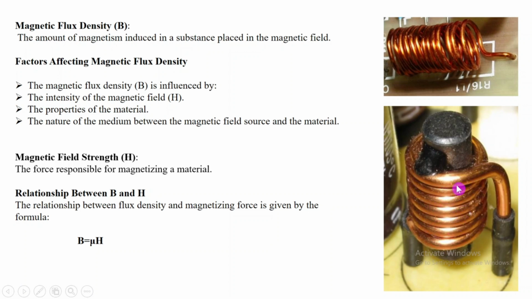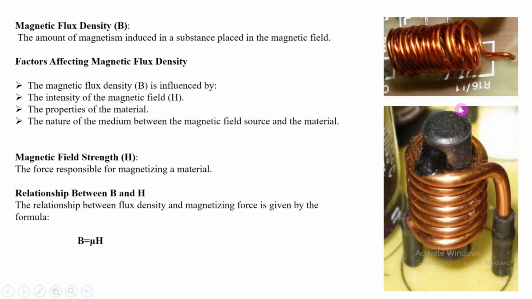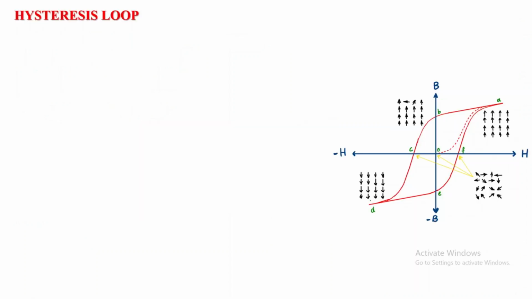So when the change occurs in the polarity, and the change occurs in H, the external magnetic field, the internal magnetic field B will lag behind that external magnetic field. Such a behavior of the material in varying external magnetic field is given by this graphical representation, which is the hysteresis loop.